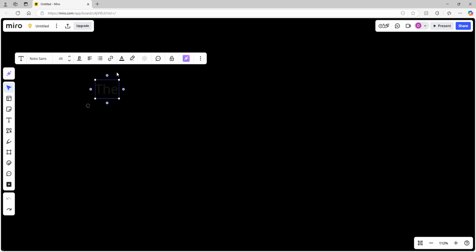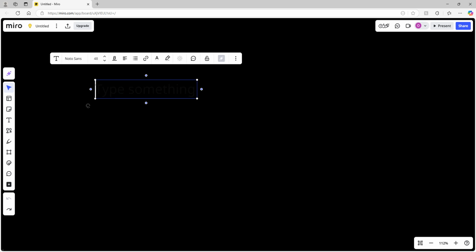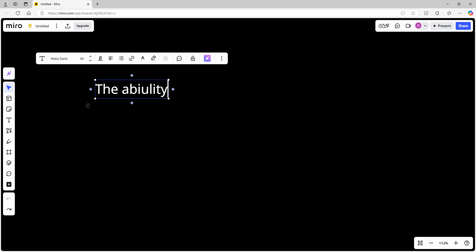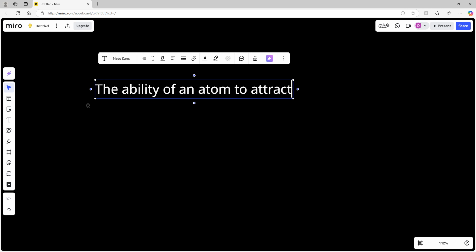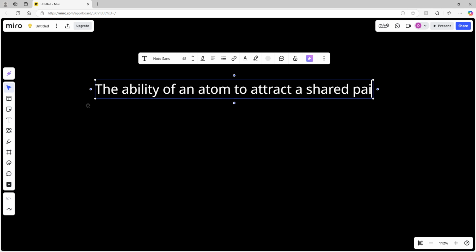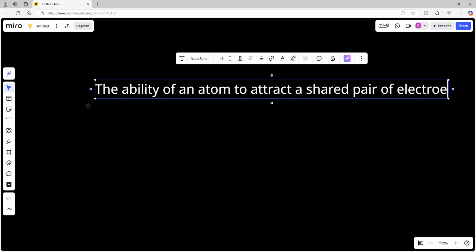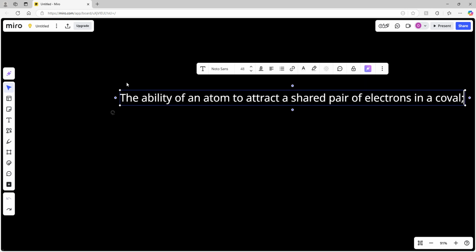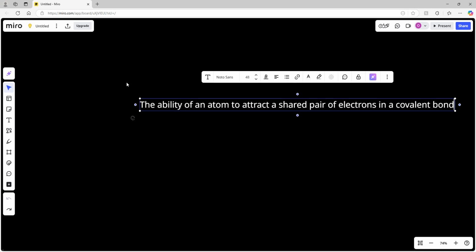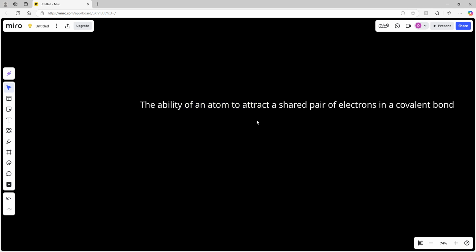The ability of an atom to attract a shared pair of electrons in a covalent bond. Okay, so that is our very basic definition.